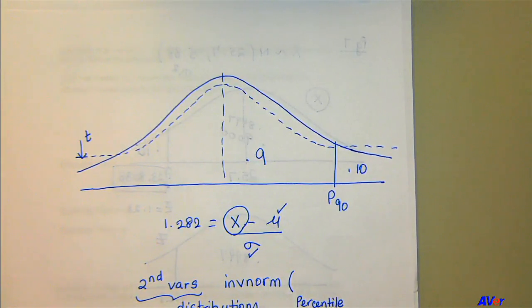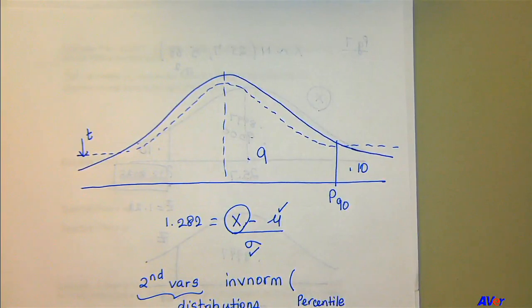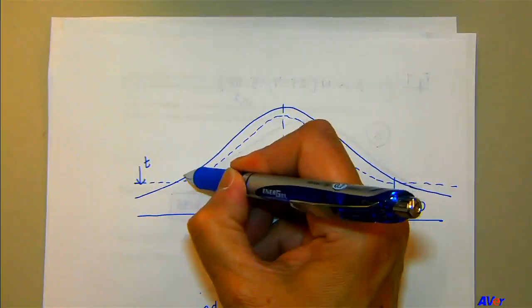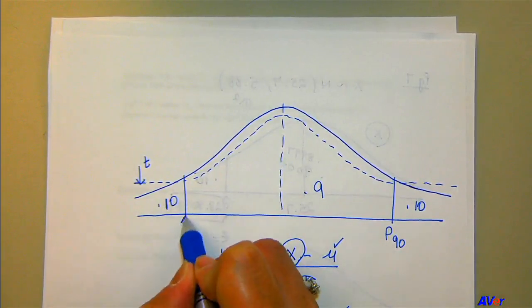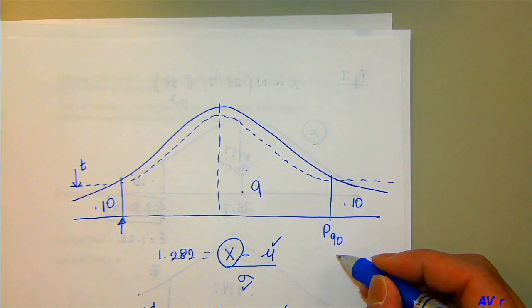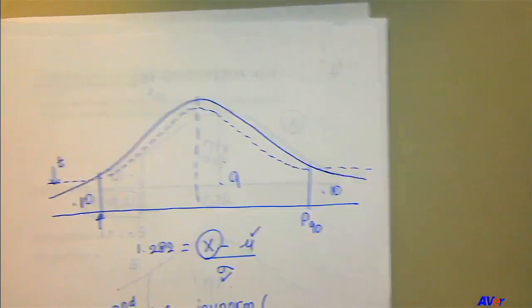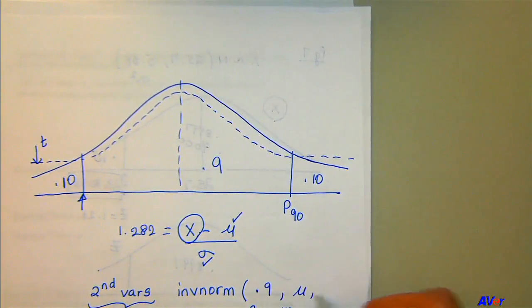Because if you put in inverse norm 0.1, it's going to give you something to the left side of the mean, because that will be giving you the stuff in the left tail with 10%. Meaning, if you put in inverse norm 0.1, it's going to give you this number, and you don't want that number. You want P90, not P10. So inverse norm, percentile, which is 0.9, comma, mu, comma, sigma.